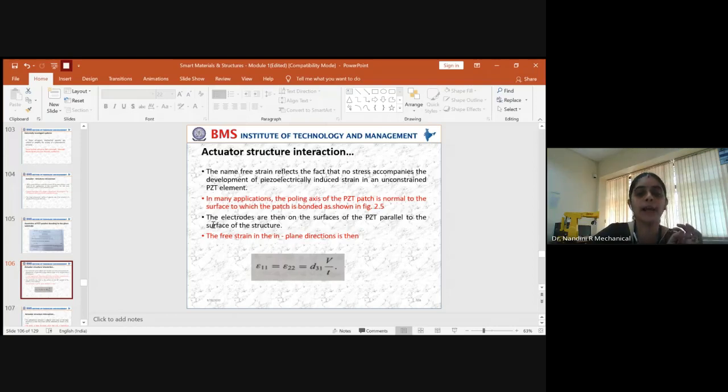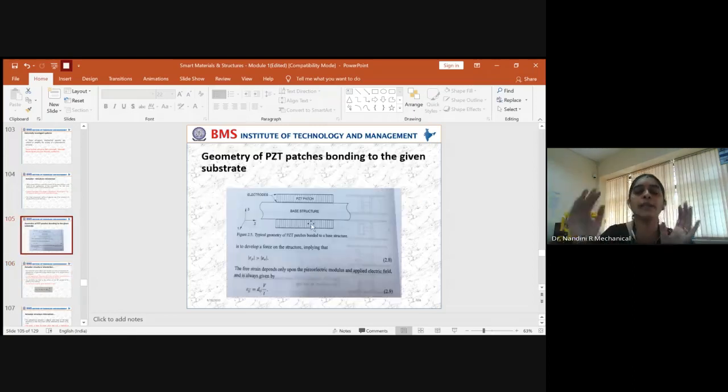And next, the electrodes are on the surface of the PZT, parallel to the structure. You might have a doubt where the electrodes have to be applied. You can apply silver paste across these two surfaces, right? If you do it like this, it will be perpendicular to the structure because you are applying the electric field in the direction here towards the x-axis. In the same direction as the axis in which you apply the electric field, you should apply the electrodes.